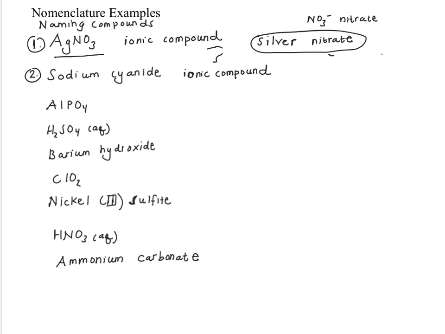The symbol for sodium is Na, and Na has a +1 charge. We know that cyanide is CN with a -1 charge. Since sodium is +1 and cyanide is -1, we don't need to change any of the subscripts. So we can leave it as NaCN.